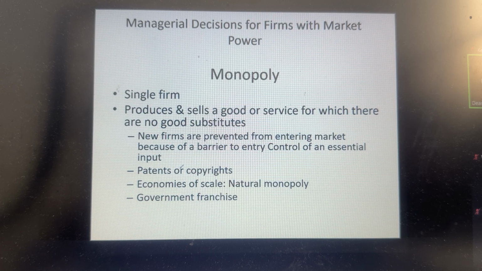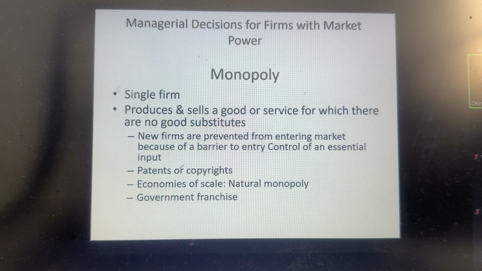New firms are prevented from entering the market because of barriers to entry, such as control of an essential input. Sometimes the firms are limited to one or two in the monopoly, and the existing firm puts some barrier. Suppose the existing firm controls the entire supply of a very important input.